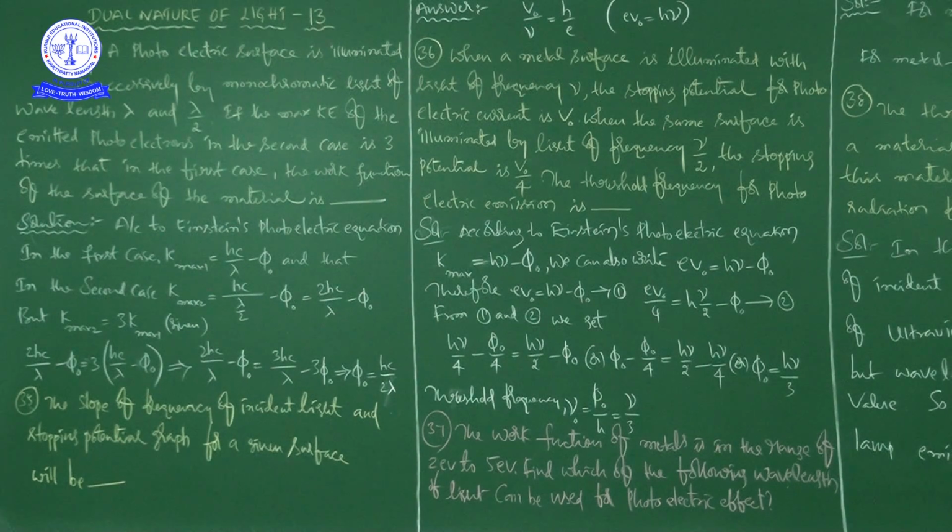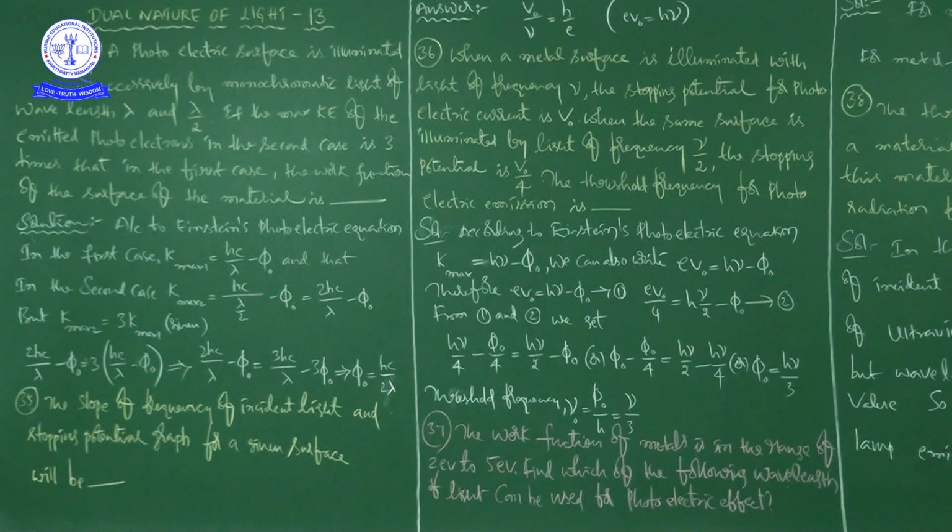So if you observe carefully here, we used, in 2 different cases, a wavelength of light that will be different. In one case it is lambda, in another case it is lambda by 2.